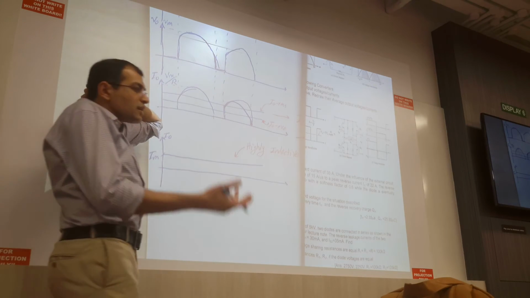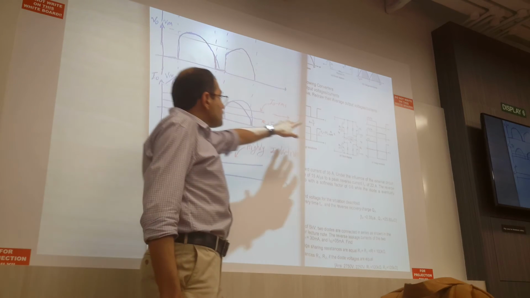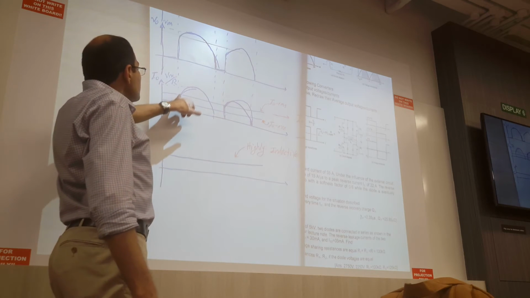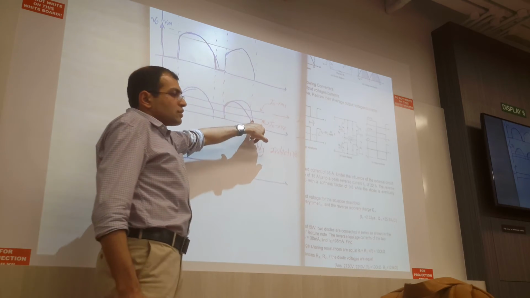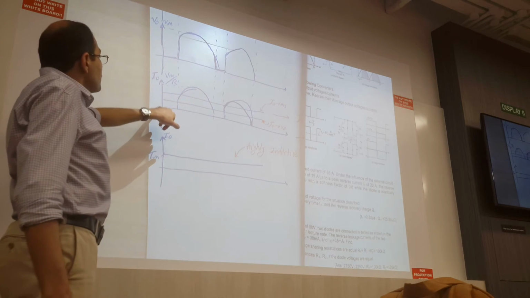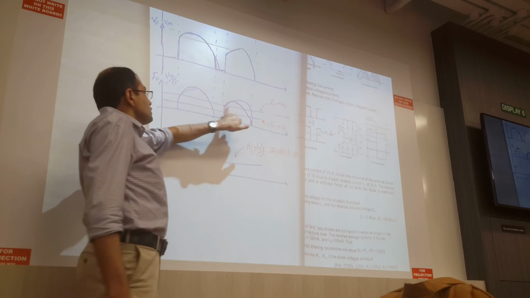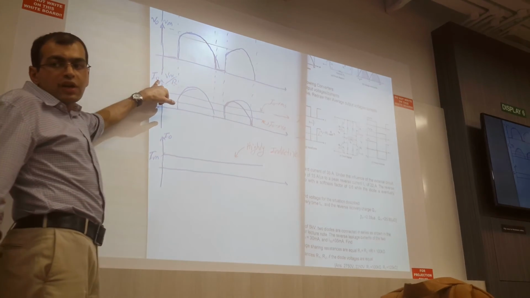If you just learn it like this, it's very simple. This is the output voltage for the purely resistive load. The current will become exactly the same shape as the voltage. Here the voltage is 0, the current becomes 0. The voltage is like this, the current also becomes like this. But the amplitude will become Vm over R.